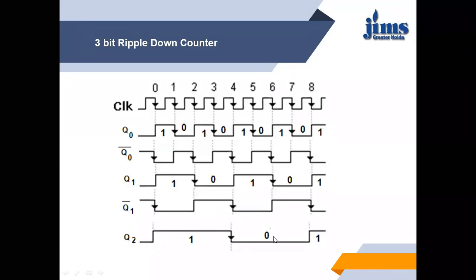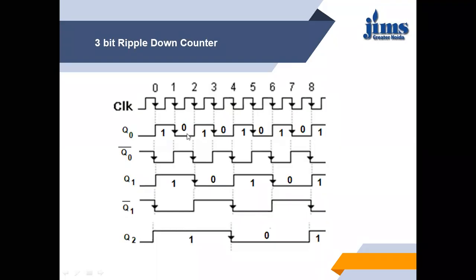Next negative edge, it will change to 0, and next negative edge, it will change to 1. So whenever we look at the values of Q0, Q1 and Q2, where Q0 is the LSB and Q2 is the MSB, it starts from 0, 0, 0, and it goes to 1, 1, 1, that is 7.